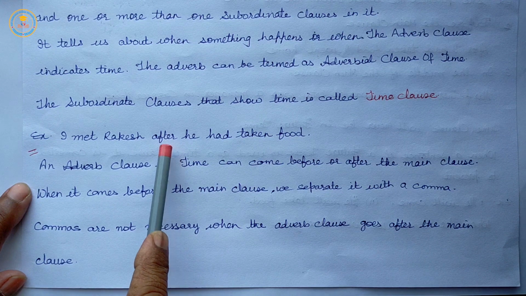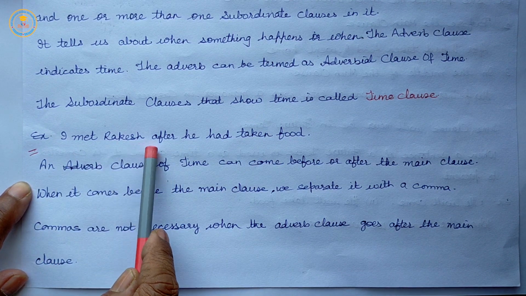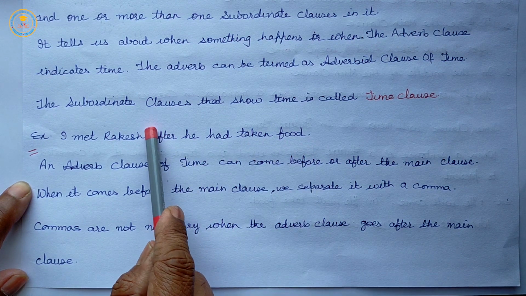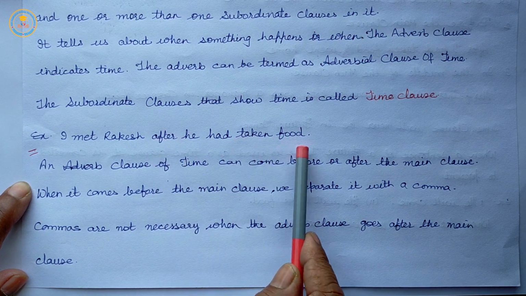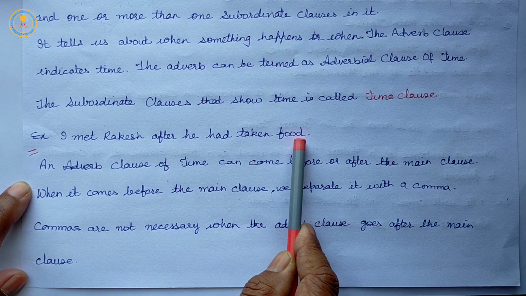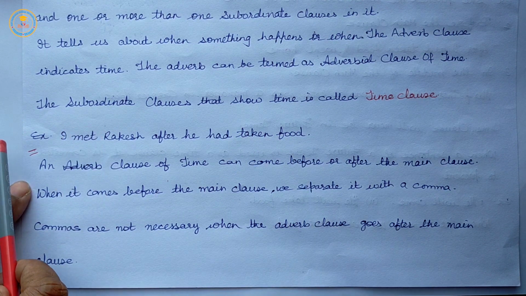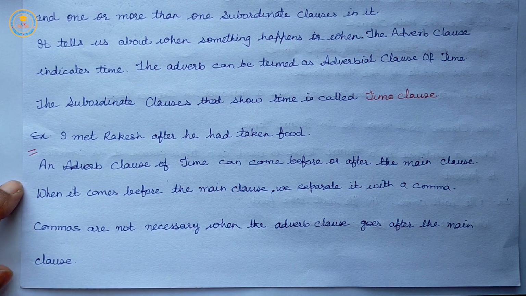I met Rakesh after he had taken food. From "after" to "food", after he had taken food is a subordinate clause that shows time. So, the subordinate clause that shows time is called a time clause.